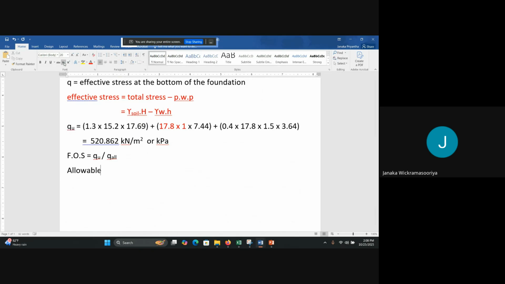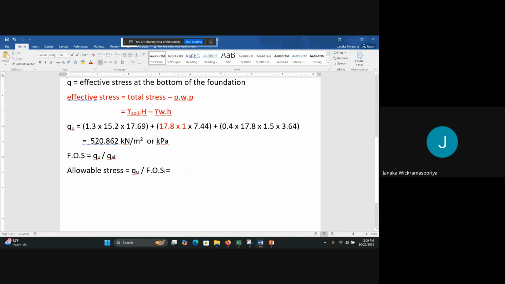Therefore, allowable stress is equal to QU divided by factor of safety. Right? Q allowable equals QU divided by factor of safety.